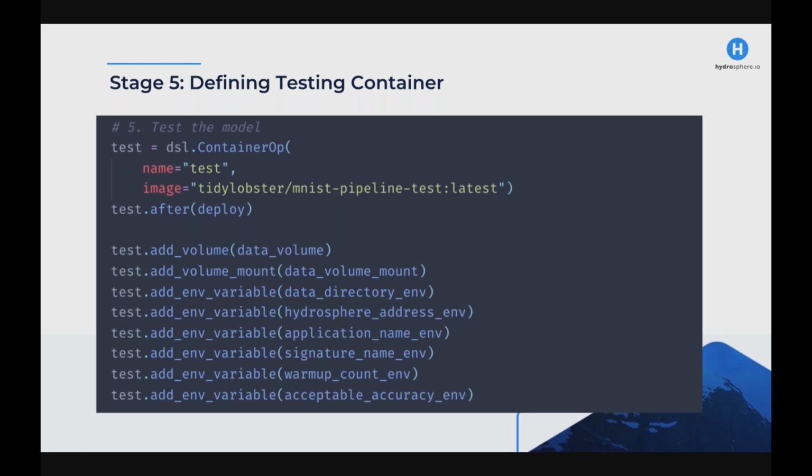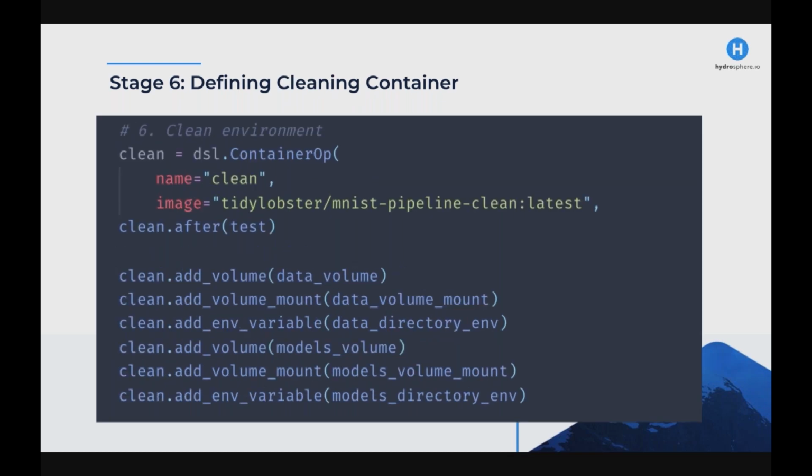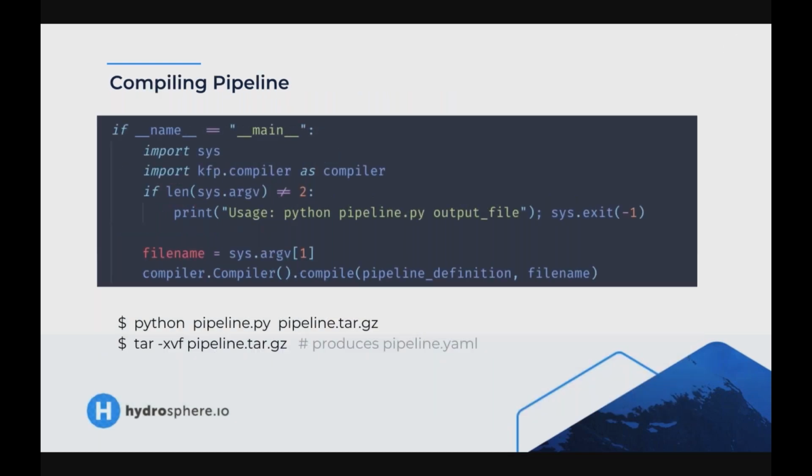The next step is testing. We create a testing image, a client that will basically just reach our model for predictions, and it will also count the accuracy of that model with the test data provided, and it will assert that the level of accuracy is above the acceptable level, which is provided at the bottom by the acceptable accuracy environment variable.